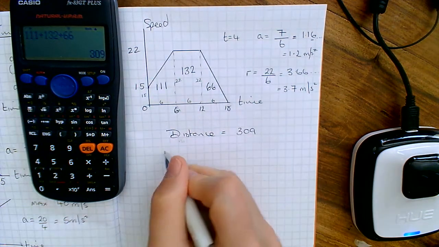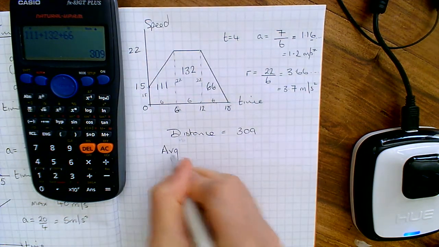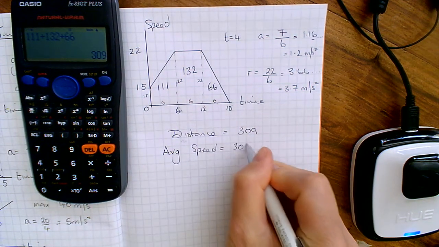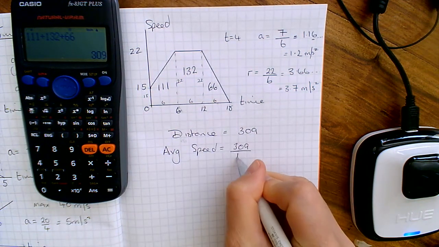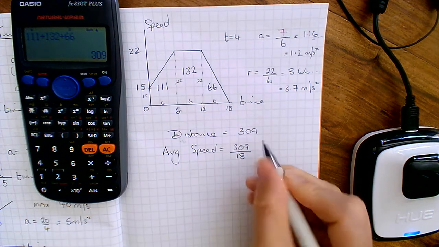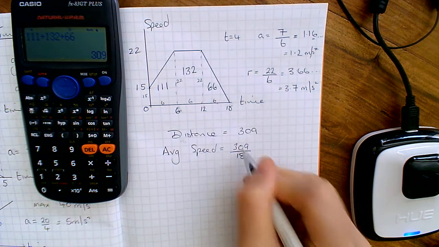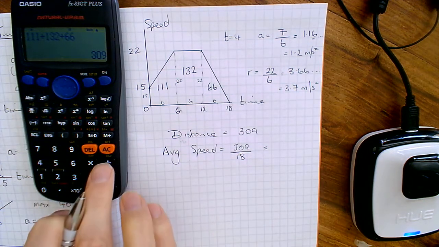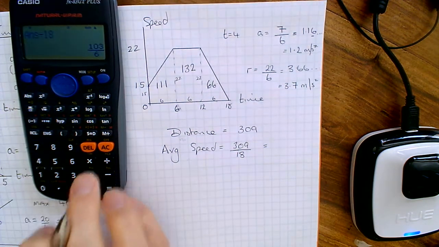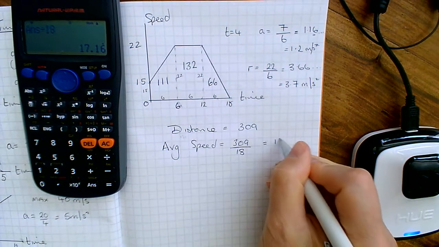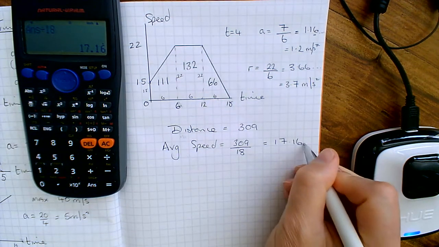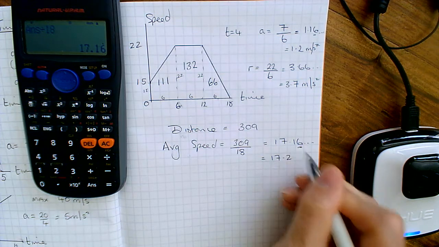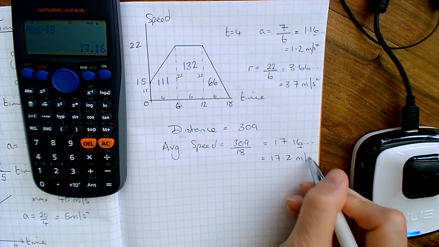And then the average speed is just distance over time. The total time was 18 seconds, and that was the total distance. Get your calculator and 309 divided by 18 equals 17.16, goes off forever, 17.2 when rounded, and that's in meters per second.